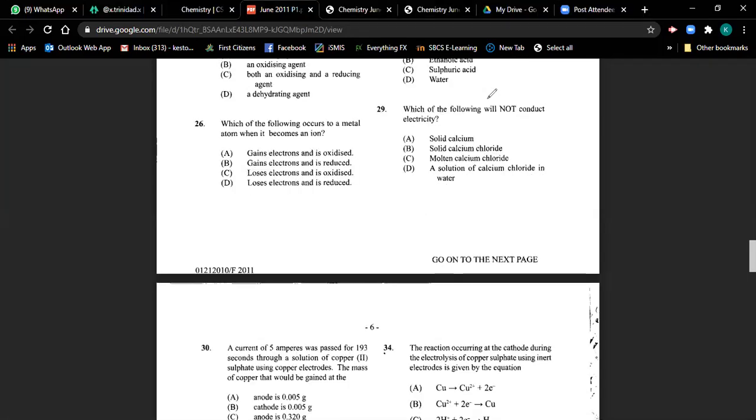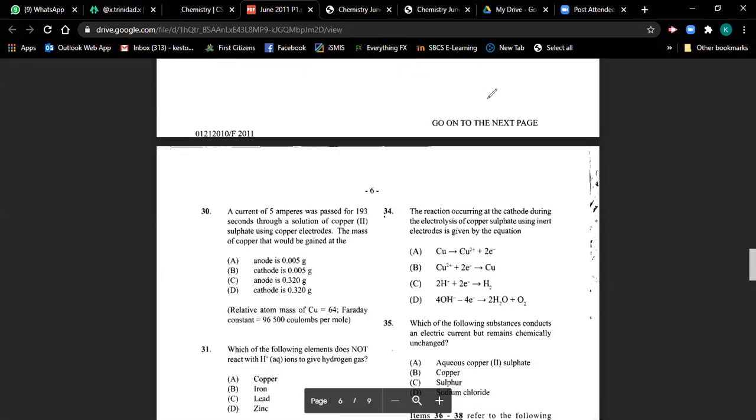30. A current of 5 amps was passed for 193 seconds through a solution of copper 2 sulfate using copper electrodes. The mass of copper that would be gained is, what will we get here? 5 amps, right, and we gotta look at the equation.